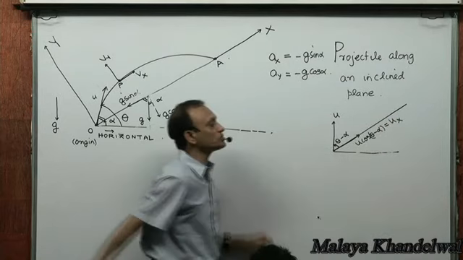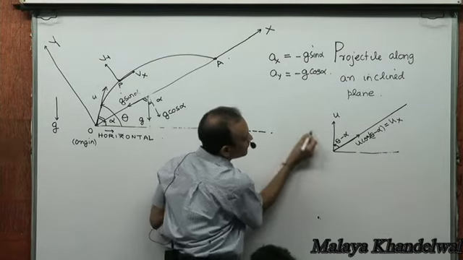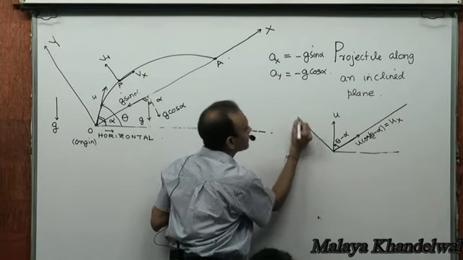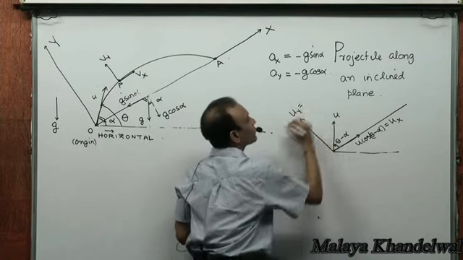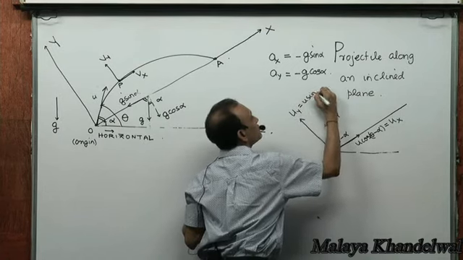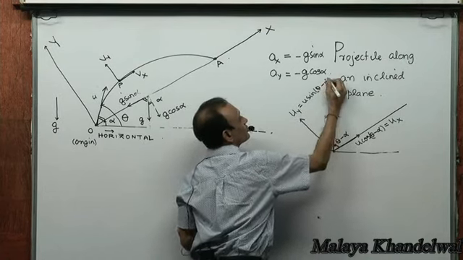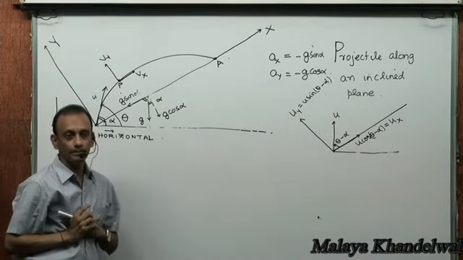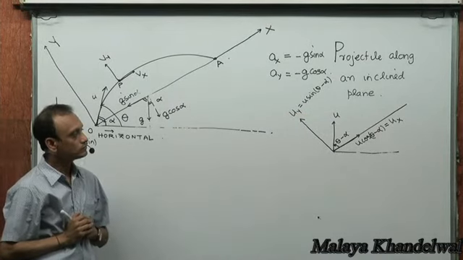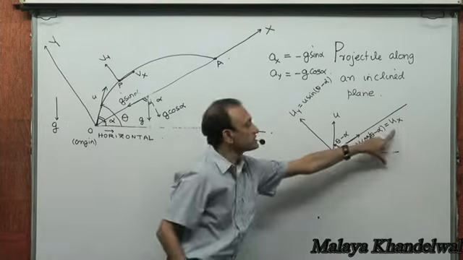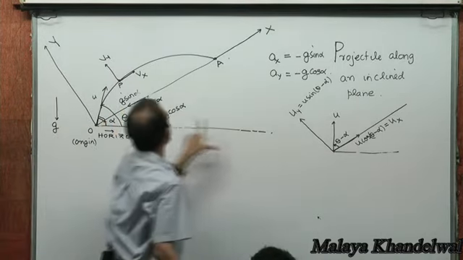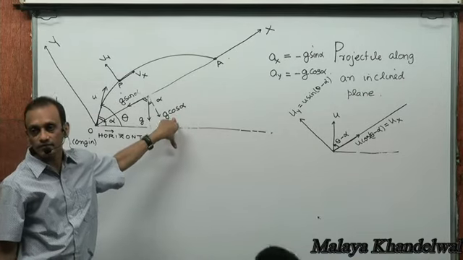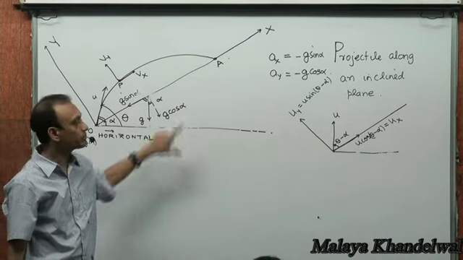This is the initial velocity along the x direction, which is the inclined plane, and perpendicular to the plane, the initial velocity uy is u sin(theta minus alpha). Yes or no? Right? Ux is opposed by g sine alpha, uy is opposed by g cos alpha, right?